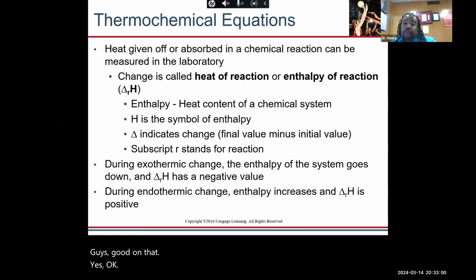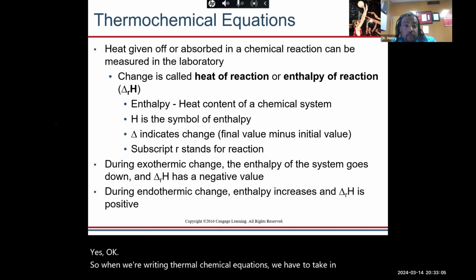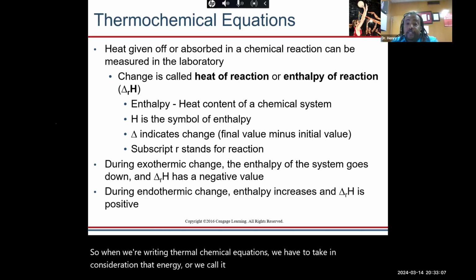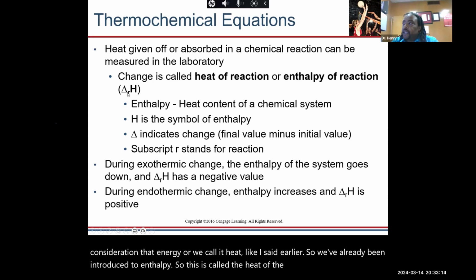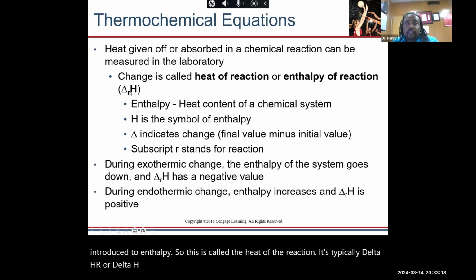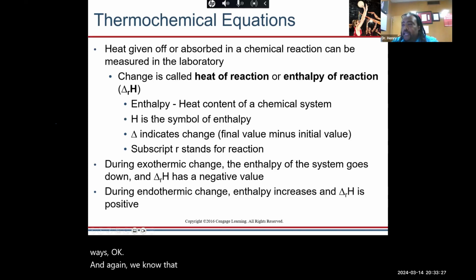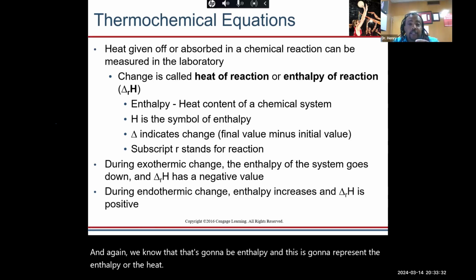So when we're writing thermochemical equations, we have to take into consideration that energy, or we call it heat, like I said earlier. We've already been introduced to enthalpy. This is called the heat of the reaction. It's typically written delta H R, or delta H RN, or delta H RXN, so you'll see it written a couple of different ways. Again, we know that's enthalpy, and this represents the enthalpy or the heat of our reaction.